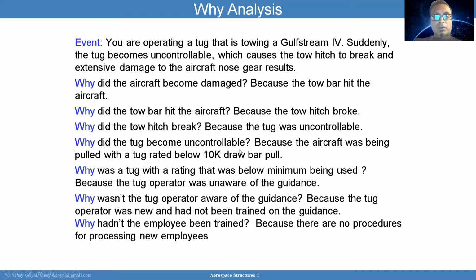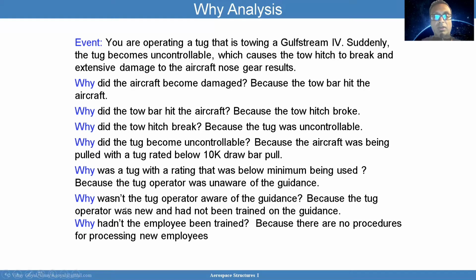Well, why was the tug uncontrollable? Because the aircraft was being pulled with a tug rated below 10K draw pull bar. Then you ask, why was the rating below the minimum specified? Because the tug operator was unaware of the guidance. Why was the operator unaware of this guidance? Because the tug operator was new and had not been trained on the guidance.